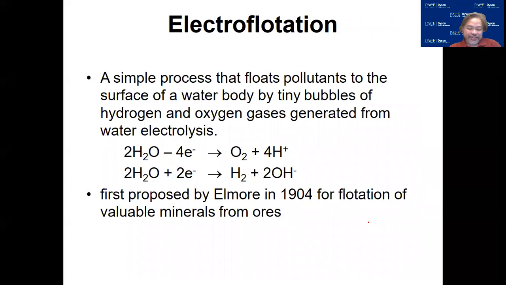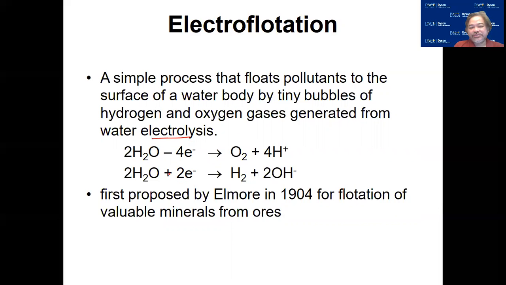Okay, so one method that they have is this electroflotation. It's a simple process that floats the pollutants to the surface of the water body by tiny bubbles of hydrogen and oxygen gases generated from water electrolysis.